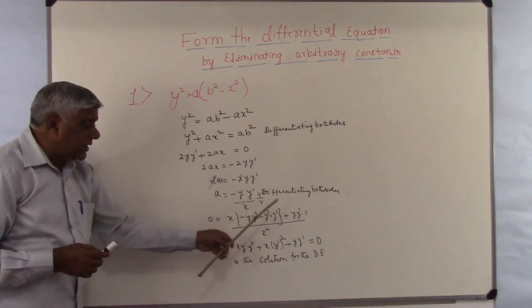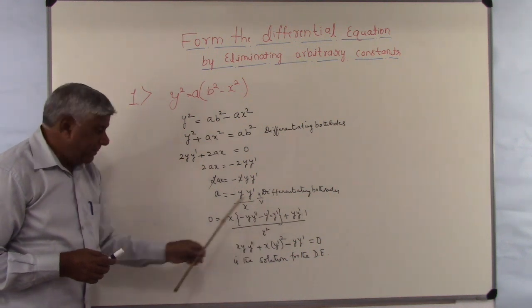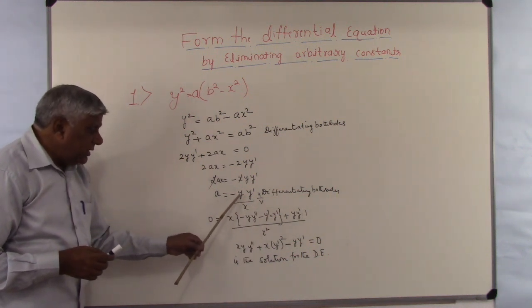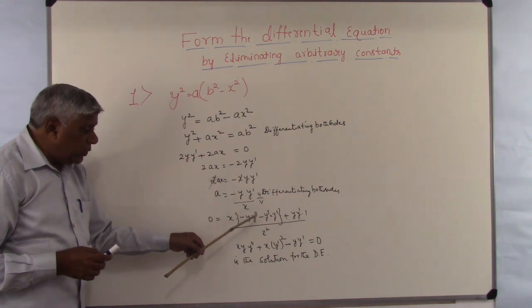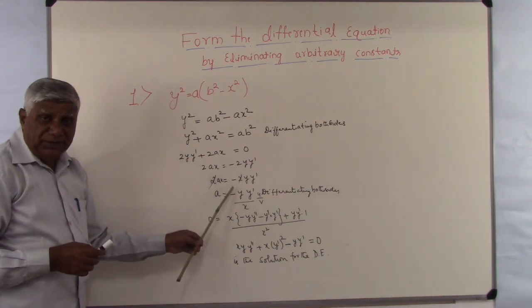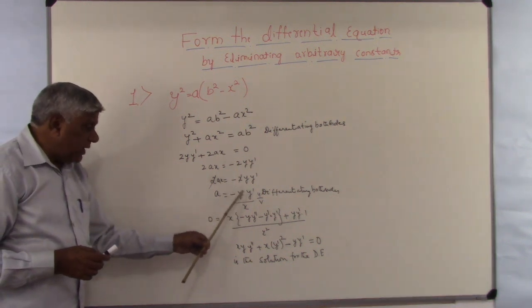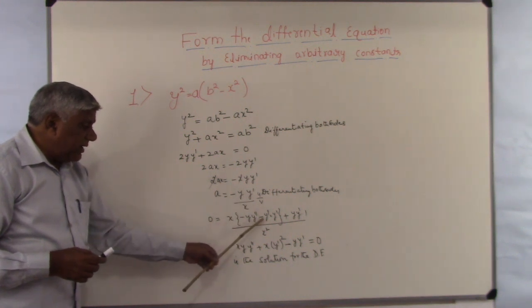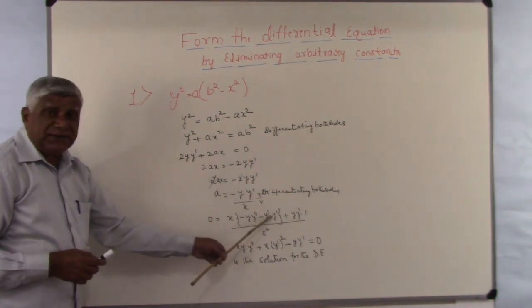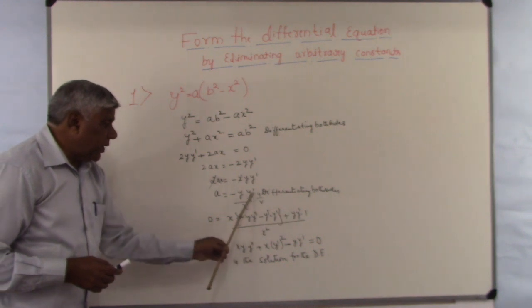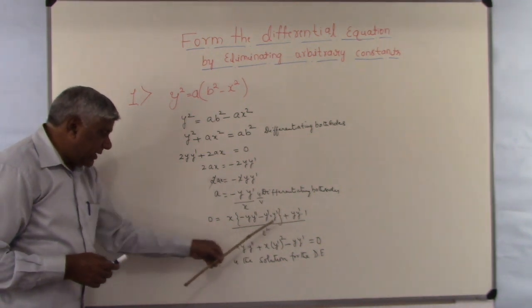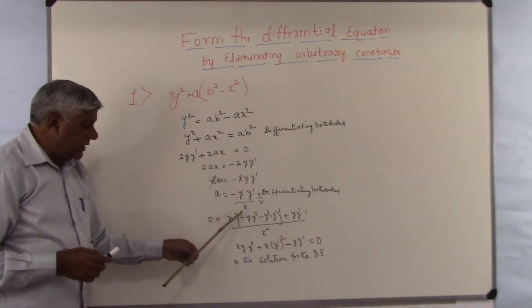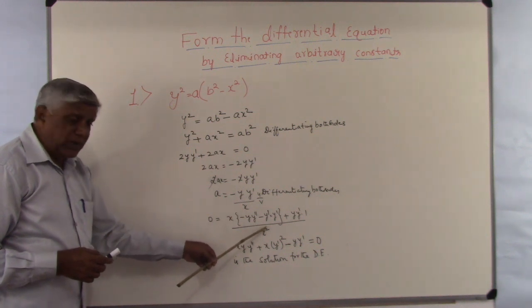Differentiation of x with respect to x is 1, and here you can see this y dash, we are again using the uv formula. See, minus y into y double dash minus y dash into y dash plus y dash into 1, divided by v square. V square is x, that is x square.